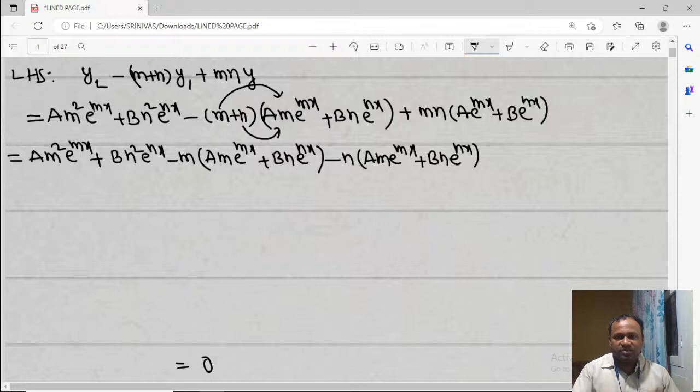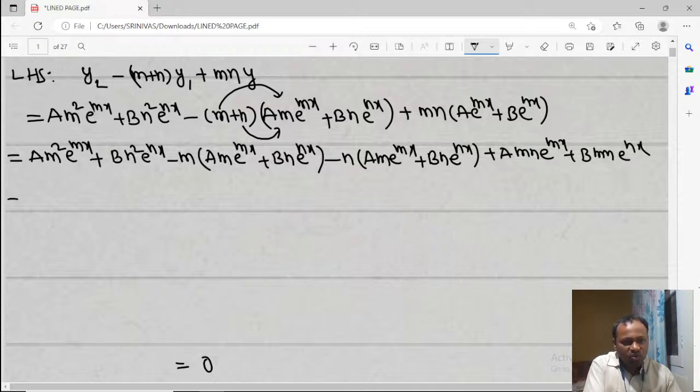Next, the remaining will be as it is, plus a m n e power mx plus b m n e power nx. Now multiply this m towards here.